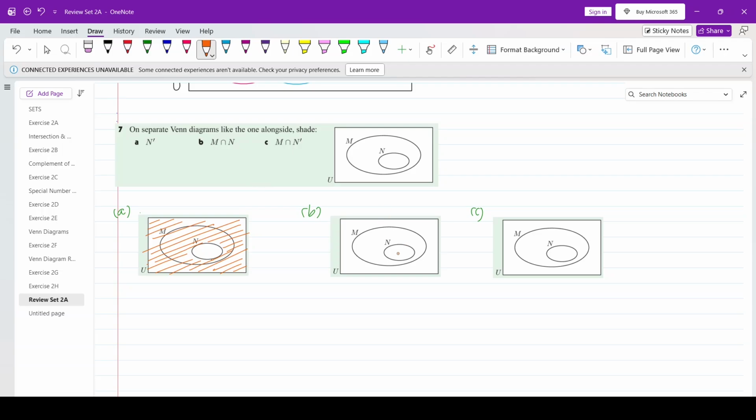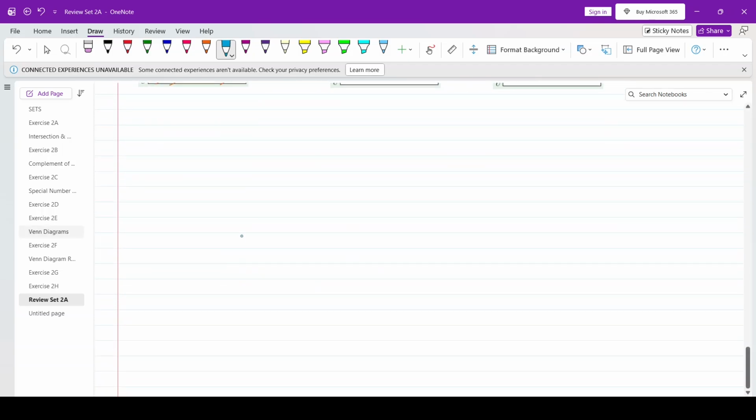M intersection n is going to be this part, this region. M but not n is going to be this region. Let's go to the next question.